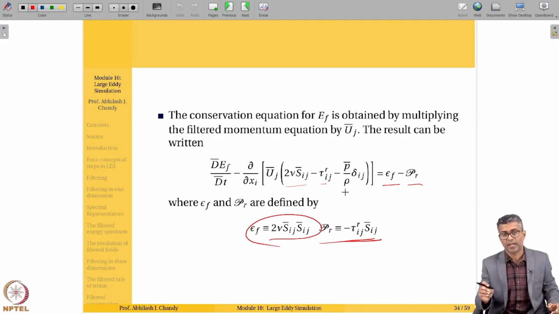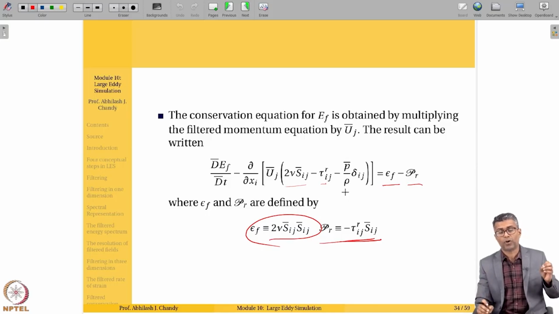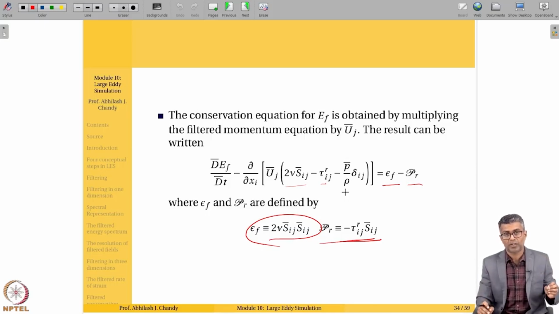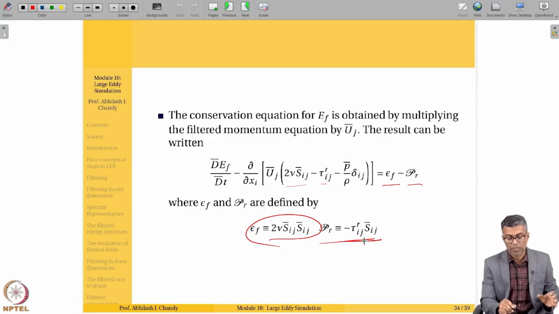The right hand side we reserve for either a source or a sink term, and we call them epsilon F and PR. Epsilon F turns out to be 2 nu Sij bar times Sij bar, and PR would be minus tau ij superscript r Sij bar. So these are the source and sink terms.